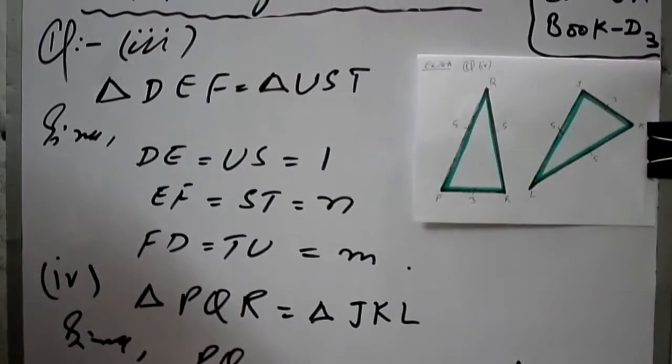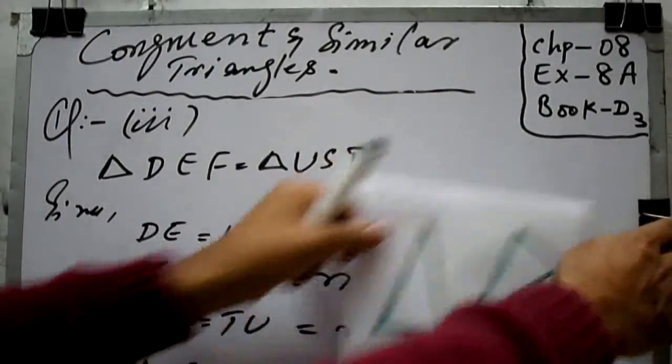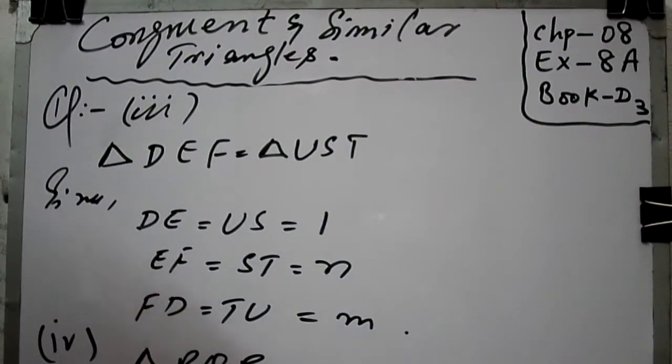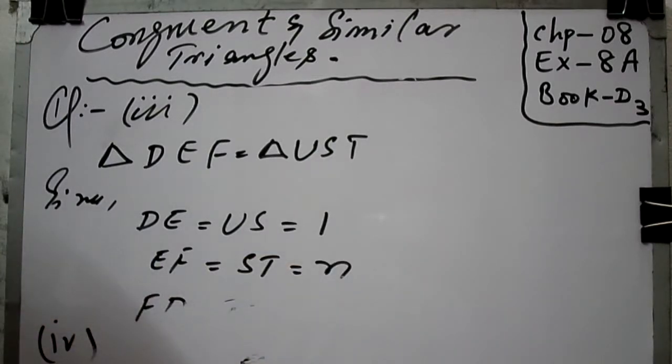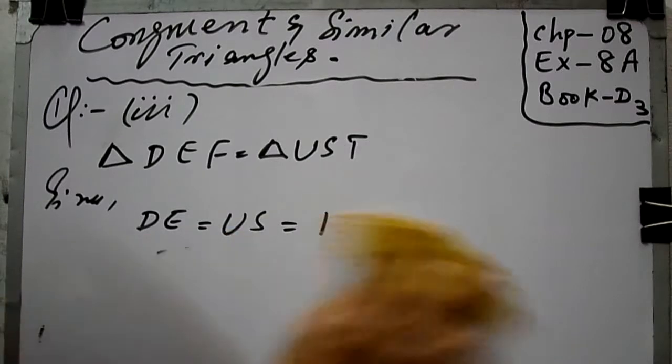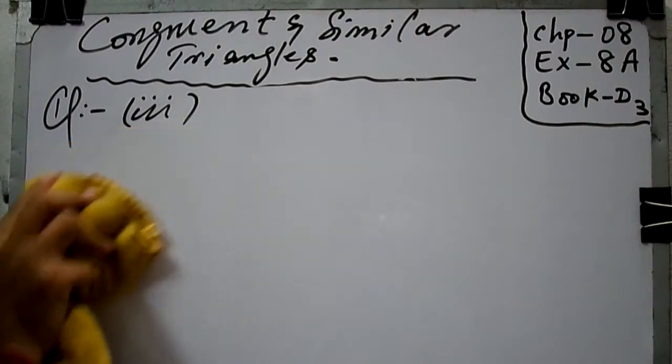Now coming to the next part, question number 2. For each pair of triangles not drawn to scale, decide whether they are congruent or not. If they are congruent, state the case of congruency.